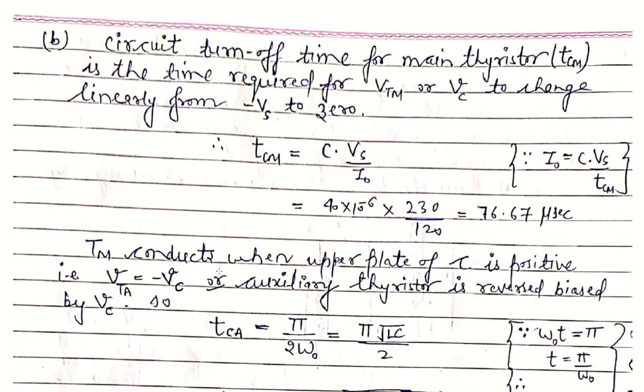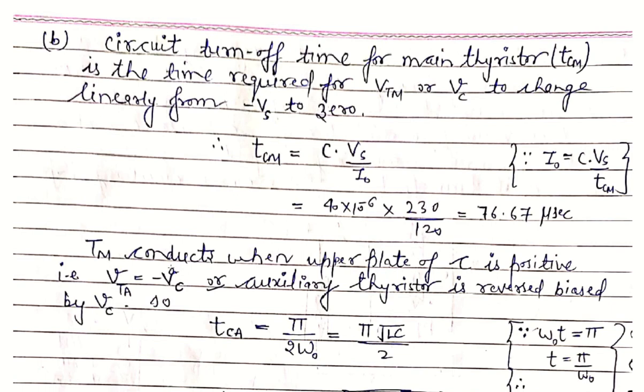So in the circuit configuration, when the upper plate of the capacitor is positive, it will make the main thyristor be in on condition by plus minus polarity, and after that at the end of the cycle this is a reverse bias condition, meaning the capacitor voltage polarity will be reversed. So VTA is minus Vc.